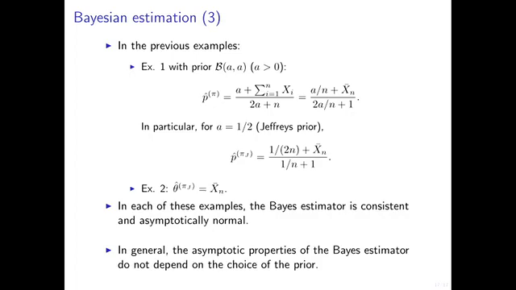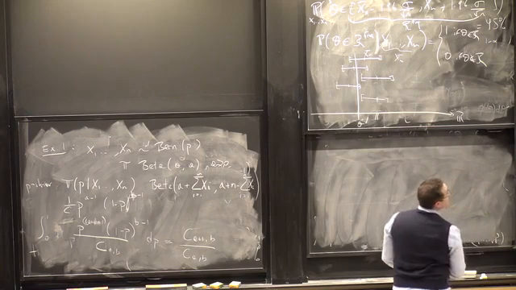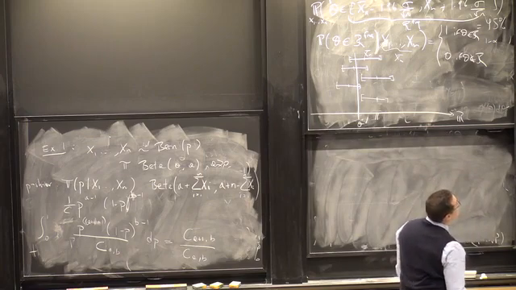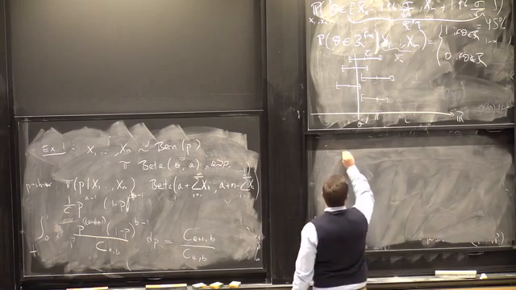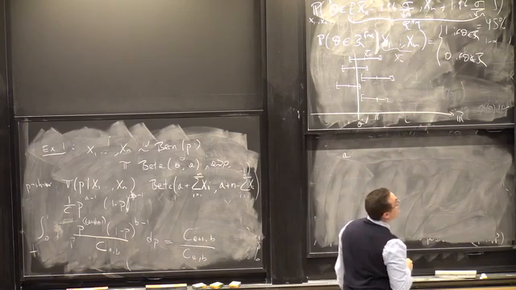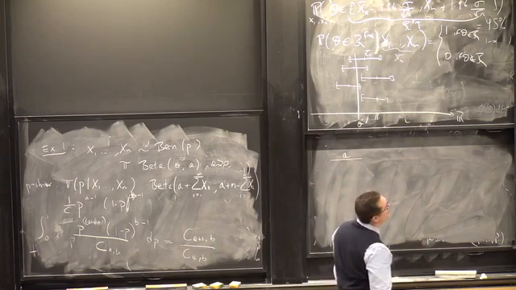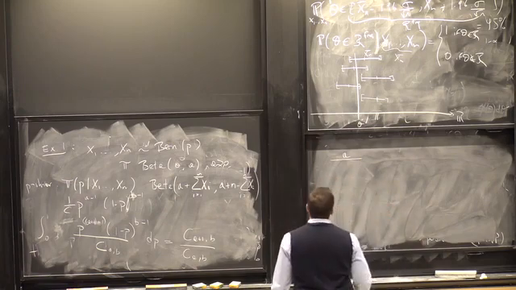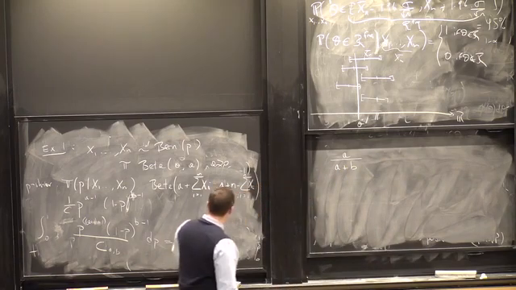okay, so we get essentially A divided by, I think it's A plus B. Yeah, it's A plus B, right? So that's this quantity.